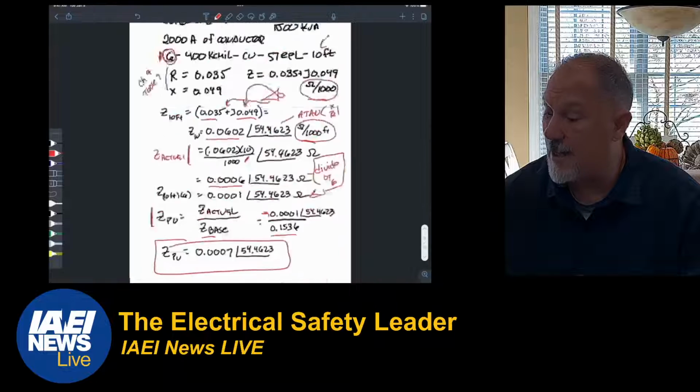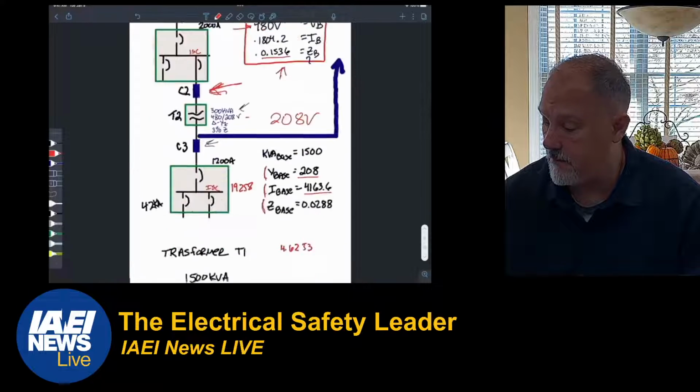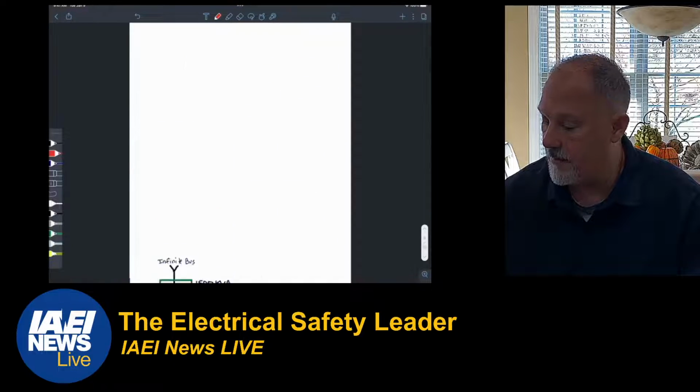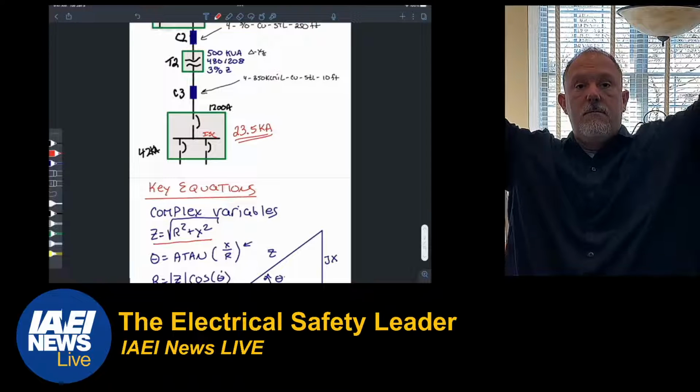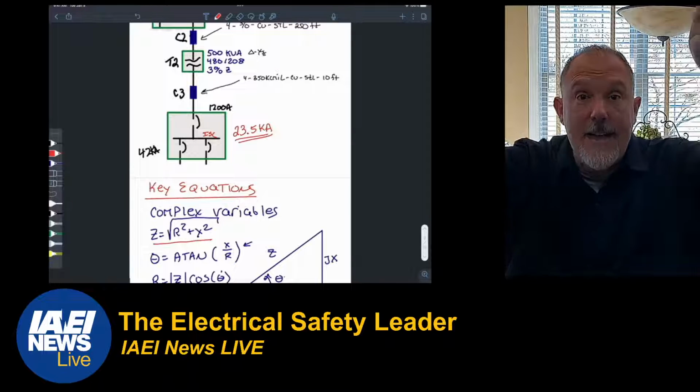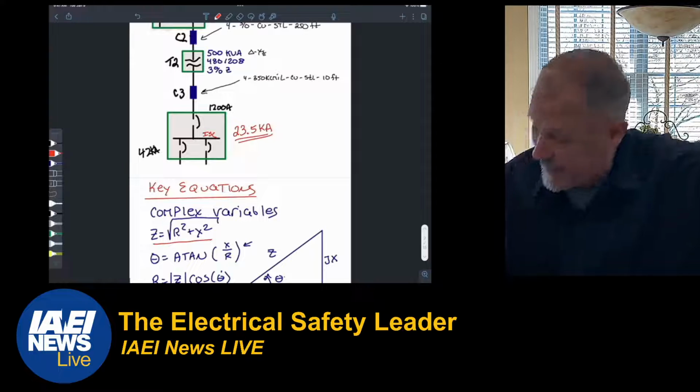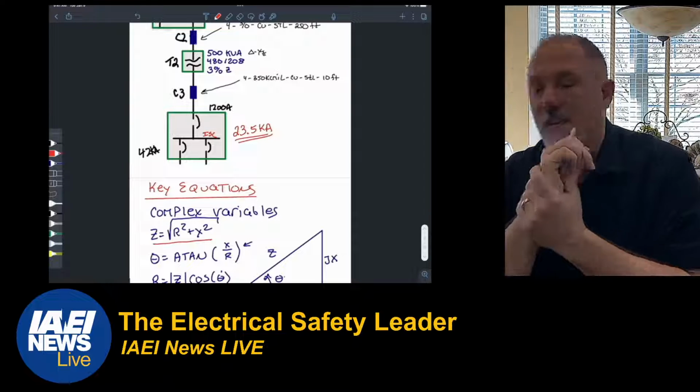So if I go back to my one-line diagram, let's go all the way up. That I short circuit is 23.5 kiloamps. Ta-da. All right. 23.5 kiloamps.